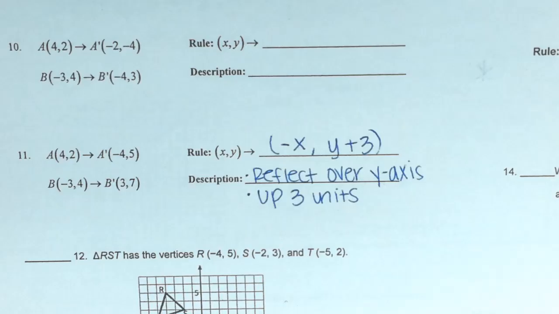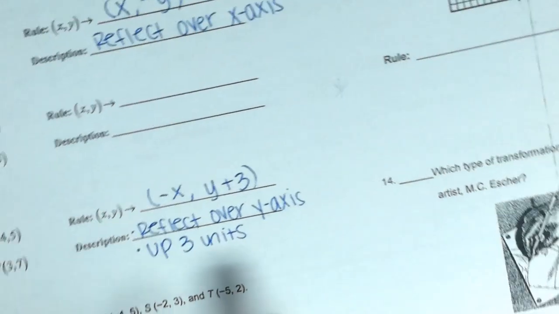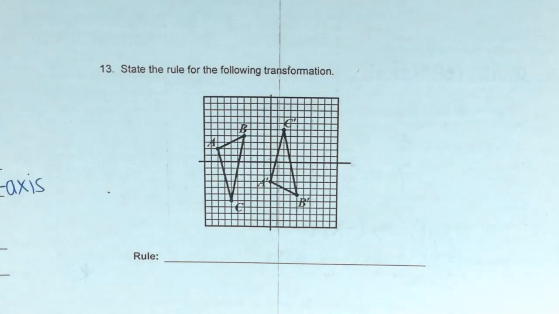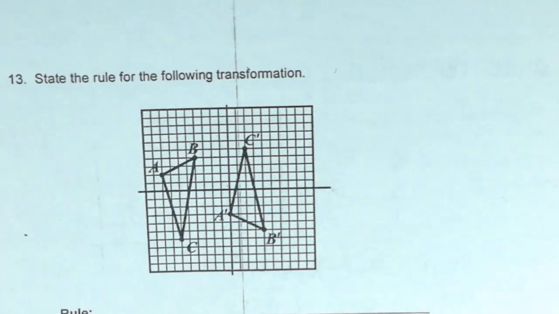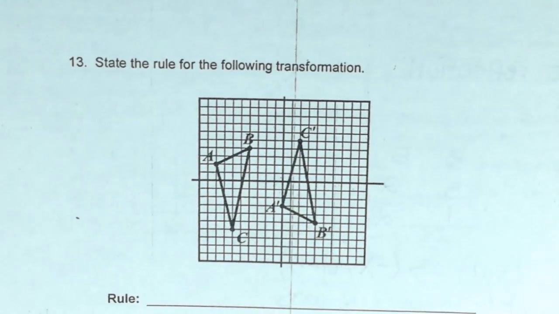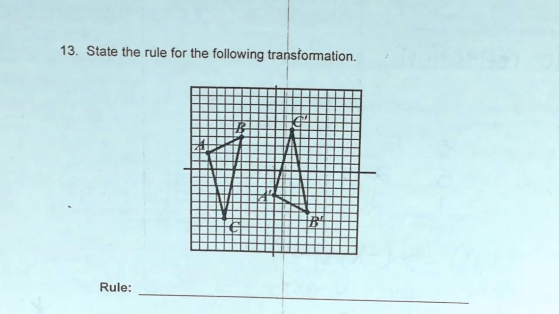The reflect is the important part. You could put reflect y-axis. Reflect over y-axis. All right, last one. This one's a little tricky. Number 11 was reflect over y and up 3.